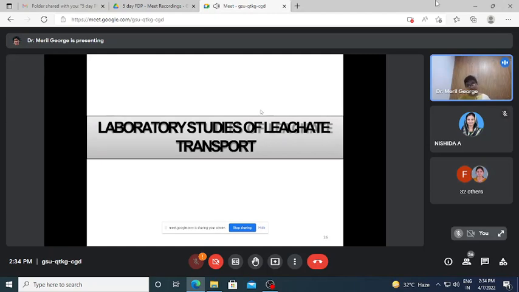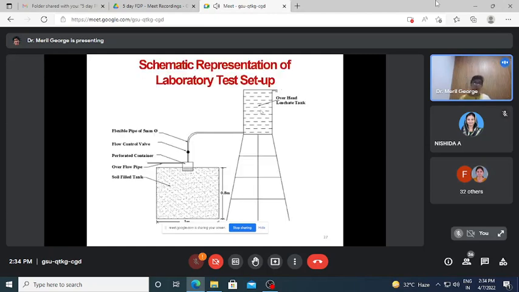For that purpose, I prepared a small-scale laboratory setup to simulate leachate transport in an unlined municipal solid waste landfill on a homogeneous and isotropic soil. I used a circular concrete tank of 1 meter diameter and 0.8 meter depth, and this tank was filled with soil to represent the area surrounding the landfill.